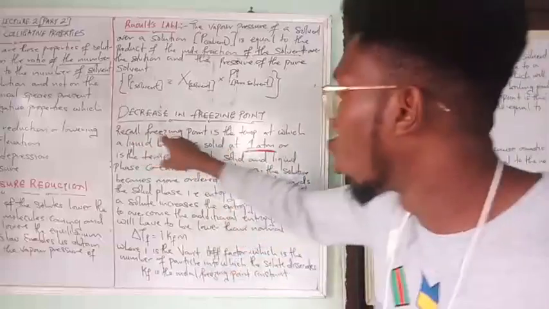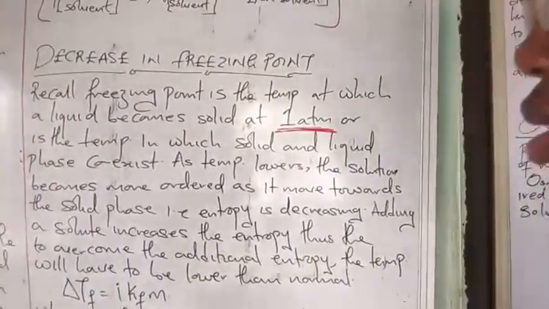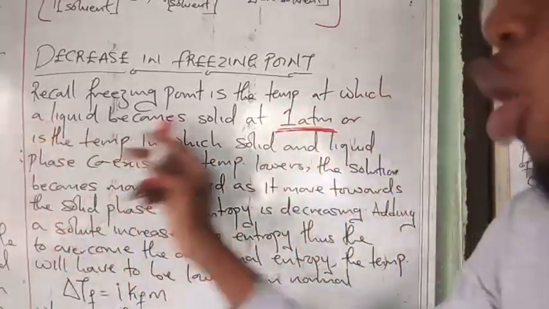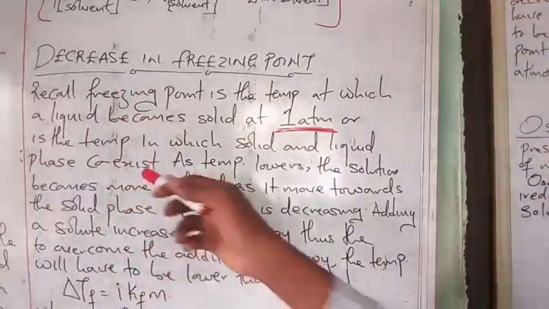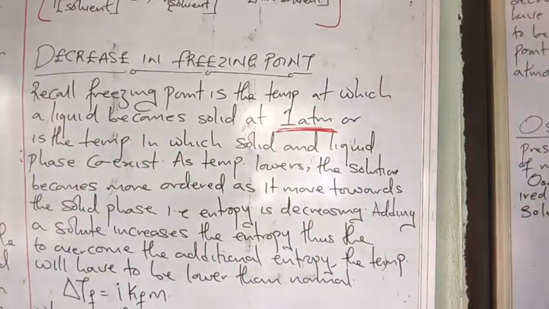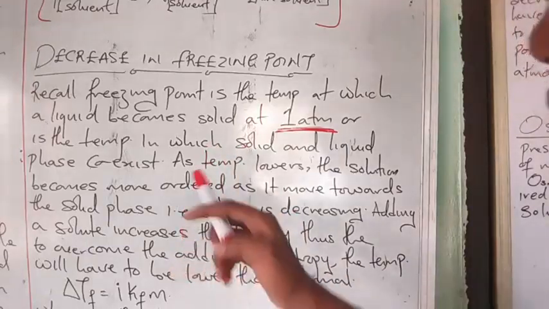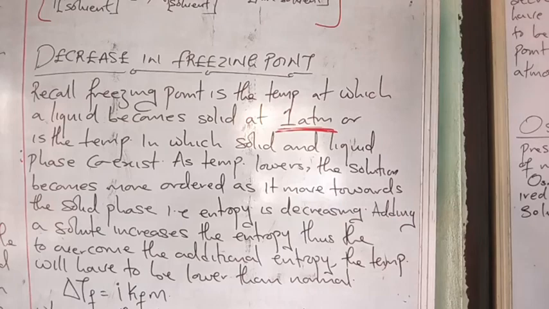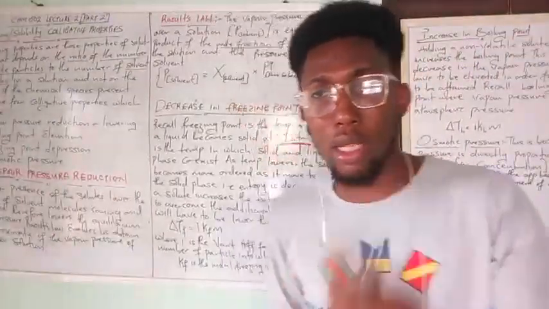So freezing point is the temperature at which a liquid becomes solid at 1 atm, or the temperature at which solid and liquid phase coexist. Are you getting me now? One thing again you must take note of is that as temperature lowers, normally the solution becomes more ordered as it moves toward the solid phase. That's something very important.